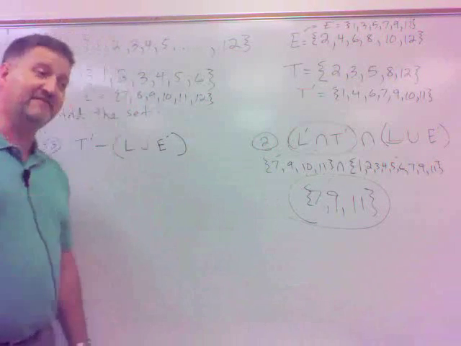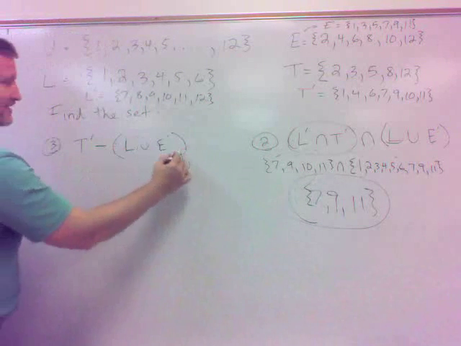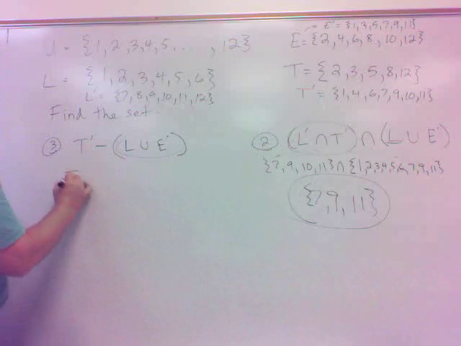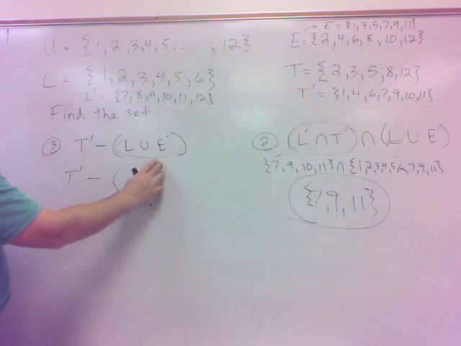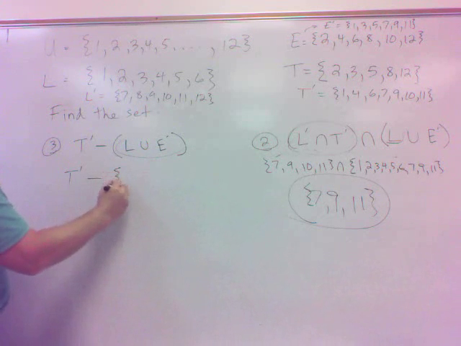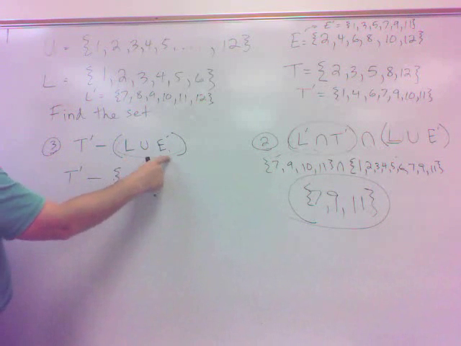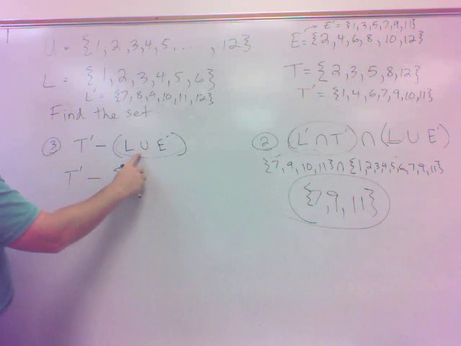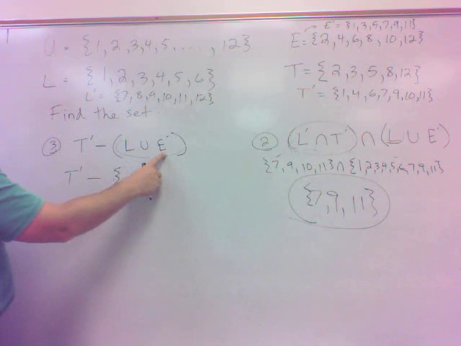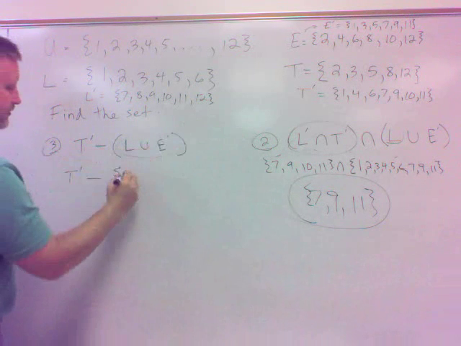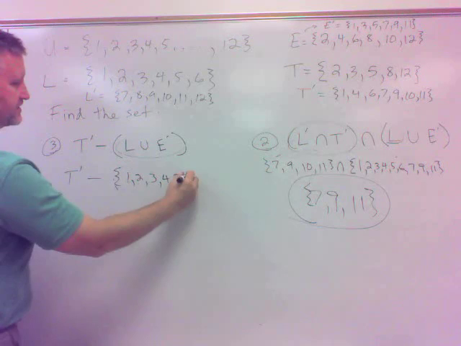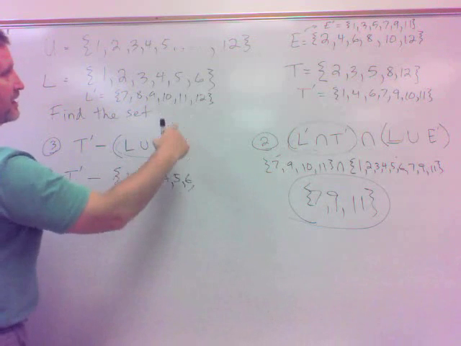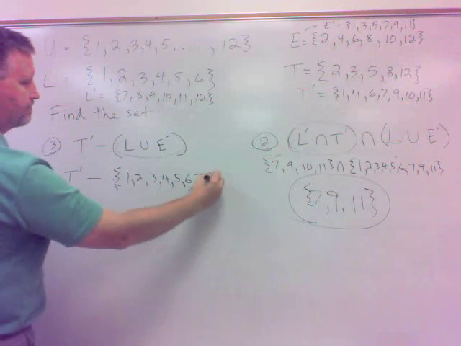Well, do parentheses first. So it's L union E complement. So I've still got T complement minus. What's L union E complement though? L union, so that would put everything in L combined with everything in E complement. Oh, we just did that, didn't we? 1, 2, 3, 4, 5, 6, and then E complement's got 7, 9, and 11.